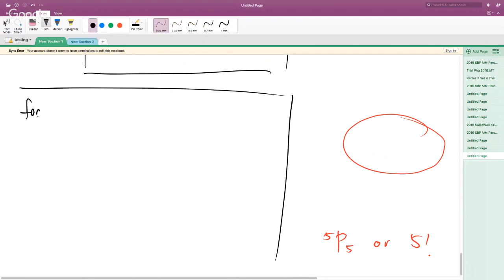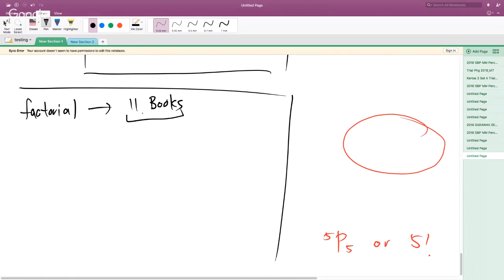Normally, we use factorial if we have to use all of the total number. That means if I have 11 books here and I want to use all 11 books, then I will use factorial.